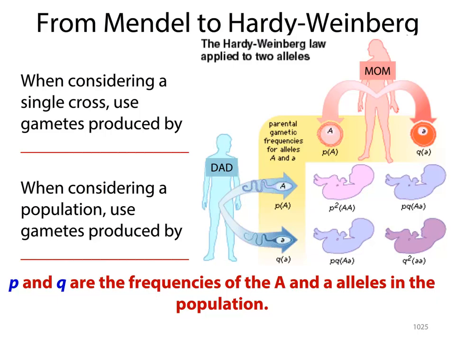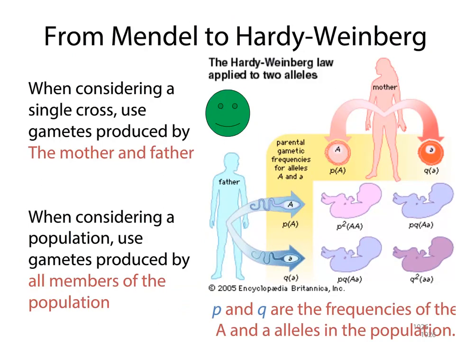So little p is the dominant allele, and little q is the recessive allele. When you consider a single cross, use gametes produced by the mom and dad. But when you consider a population, you're considering the gametes produced by everybody in the population, so all members of that, because remember, you can have all sorts of different forms of the alleles.